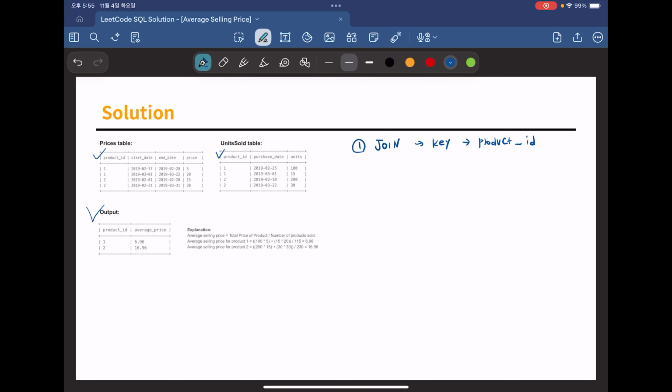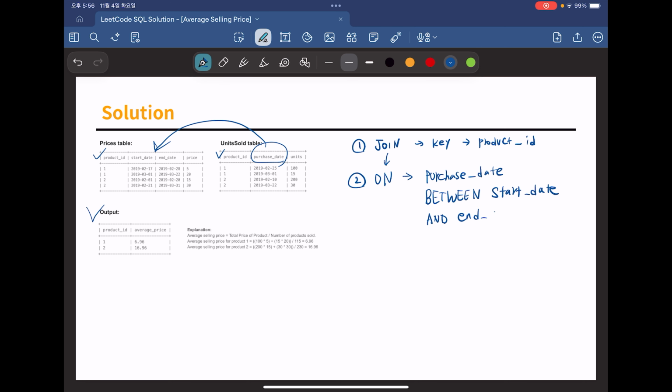The second condition, which is also important, is that we have to find the purchase date is between the start date and the end date. So we're also going to use that in the join, like purchase date between start date and end date.